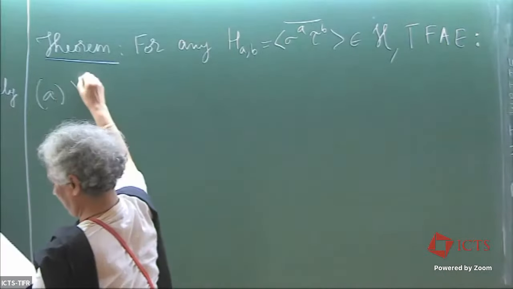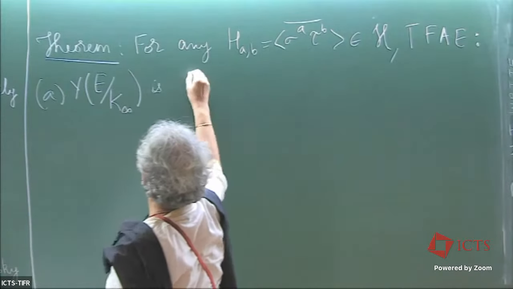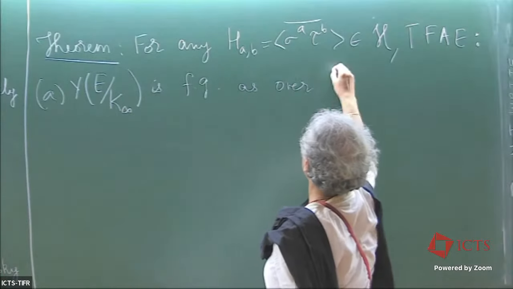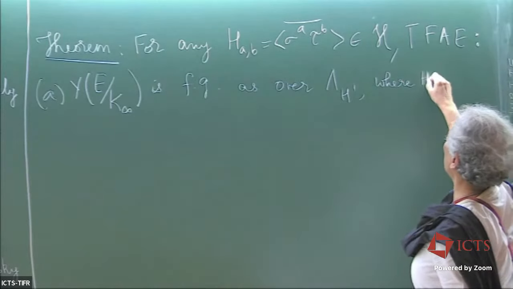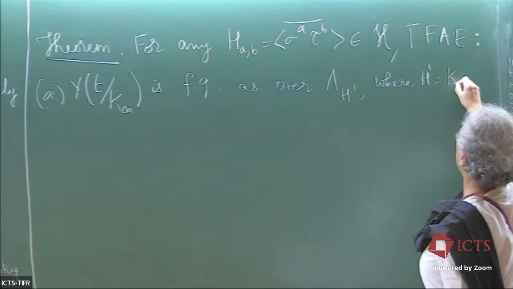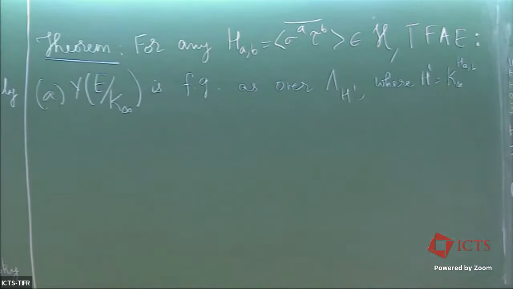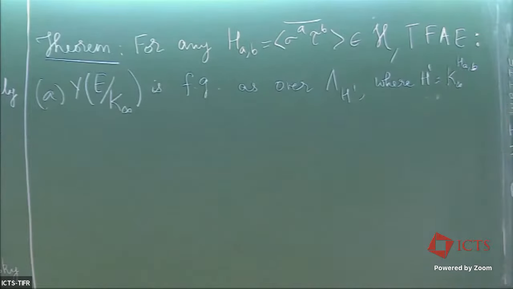First, that Y(E/K_infinity) is finitely generated over Lambda(H'), where H', I'm just going to shorten notation. This is K_infinity fixed by H_{a,b}. So fixed by this one-dimensional subgroup, that's what I'm calling H'. Instead of writing K_infinity^{H_{a,b}}, I'm just going to call this H'.